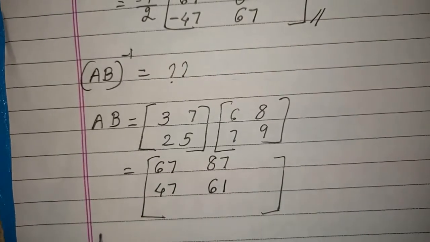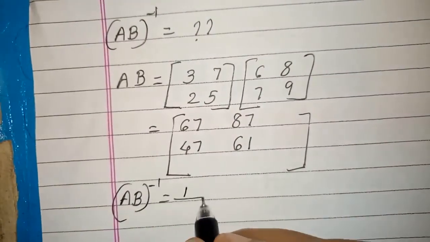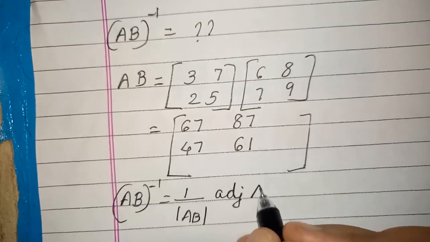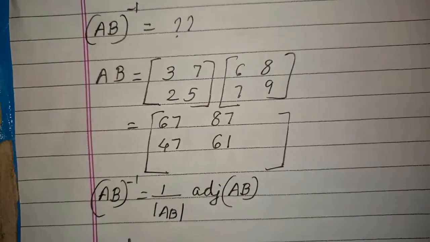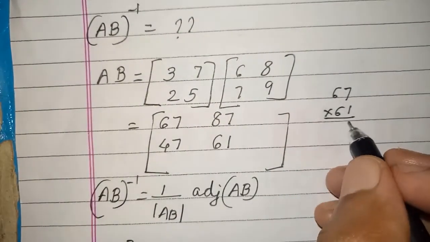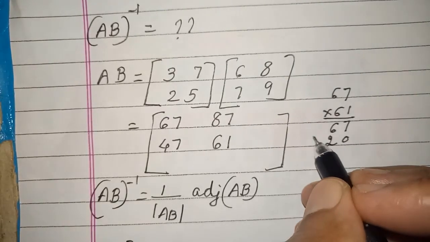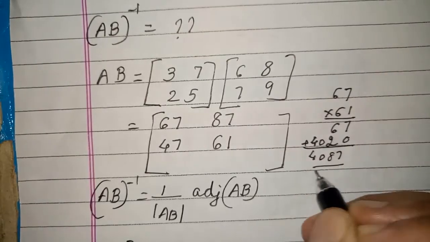Now we have to find the inverse of AB. It is nothing but 1 upon determinant of AB into adjoint of AB. So we have to take the determinant of this. So you have to multiply this. I am doing 67 into 61, which is 4087.